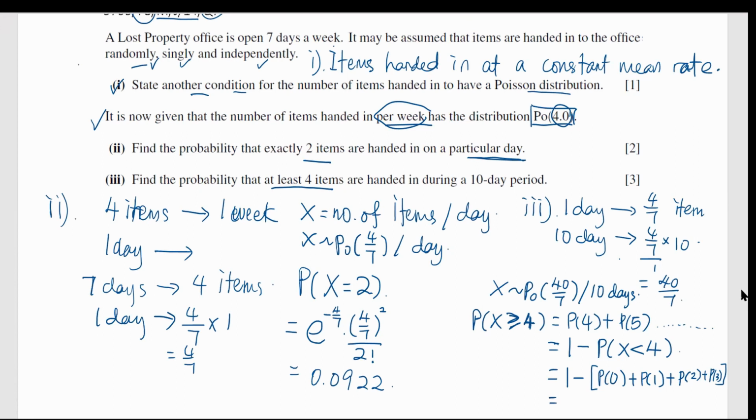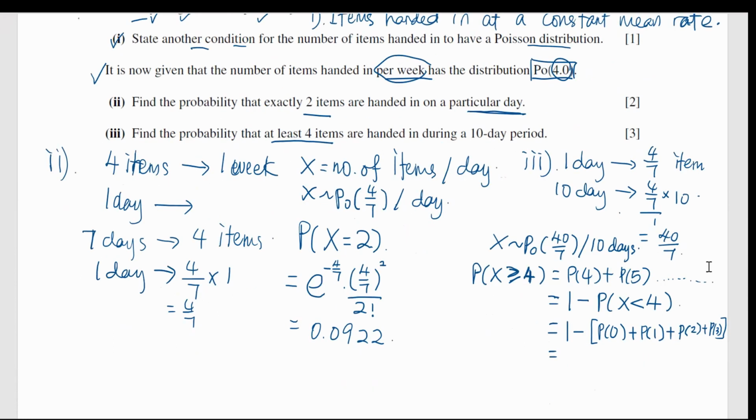Now we use the formula e to the power of negative 40/7.